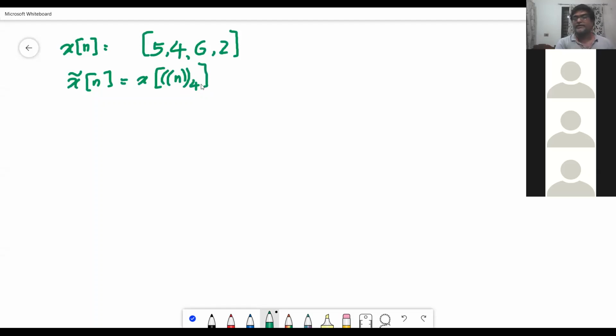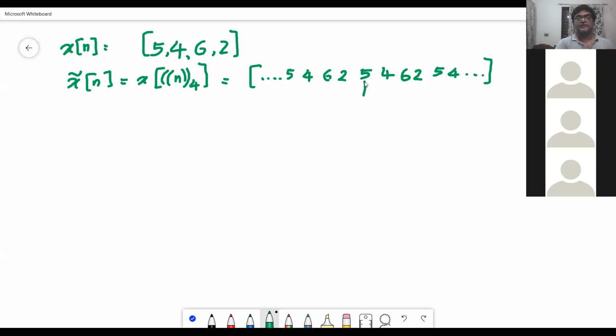So x tilde of n, I can write as x of n modulo 4, will be equal to what? 5, 4, 6, 2, 5, 4, 6, 2, 5, 4, etc. So this is my periodic sequence.